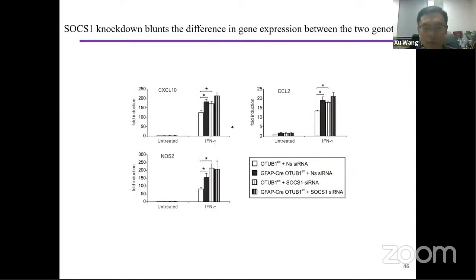And also with one experiment, I show that SOCS1 knockdown blunts the difference in gene expression between OTUB1 sufficient and OTUB1 deficient astrocytes. That means OTUB1 inhibits interferon gamma-induced chemokine production in astrocytes by directly targeting SOCS1.